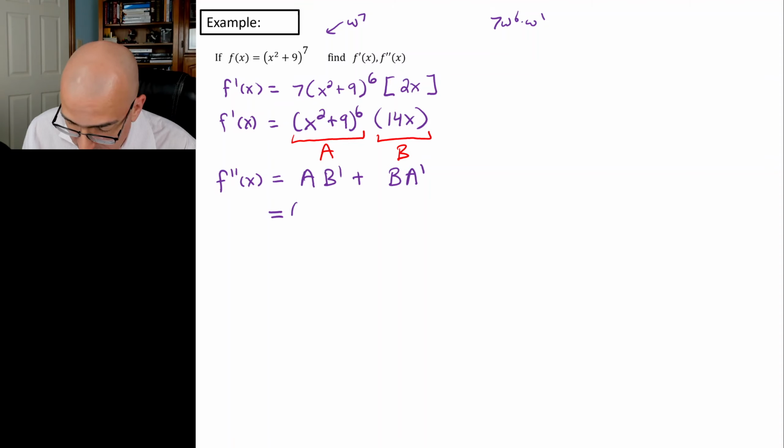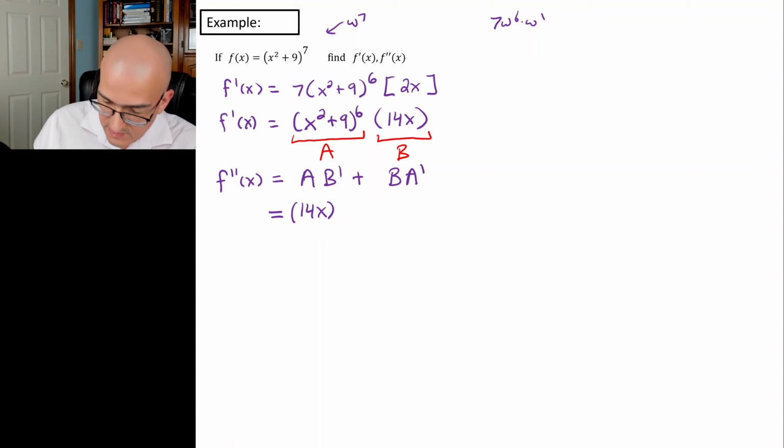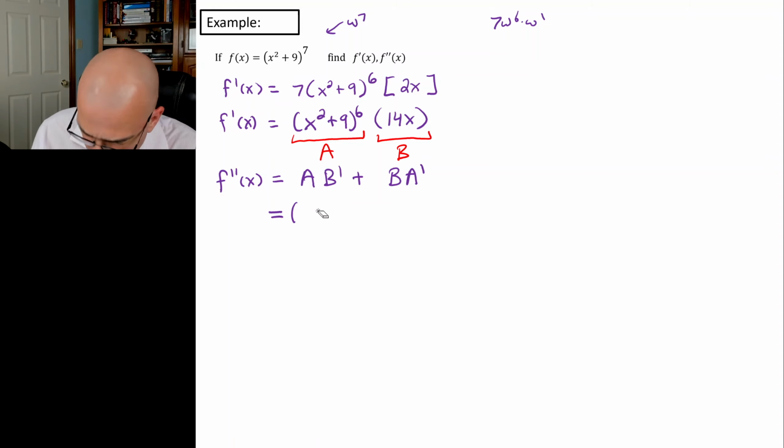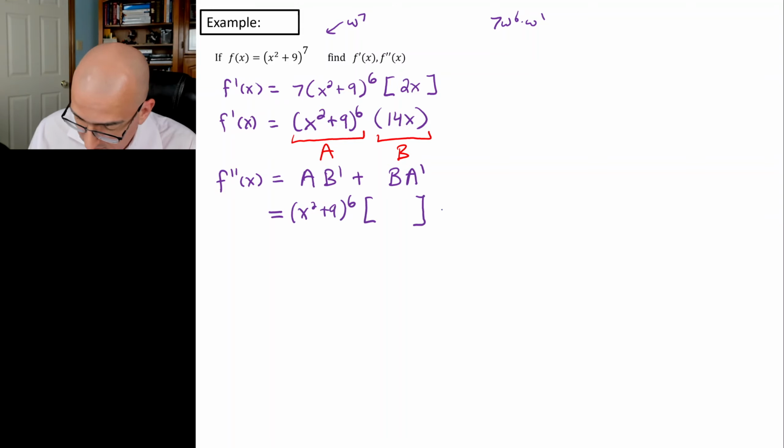So A is x squared plus 9 to the power 6. And then B prime, I'll leave a space. Plus B is 14x times A prime, I'll leave a big space.